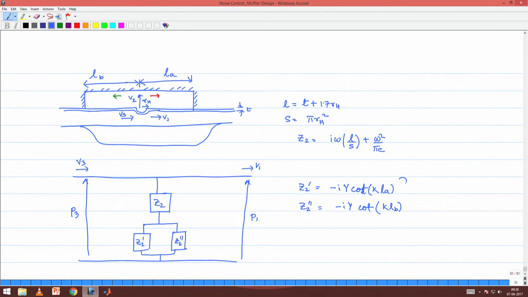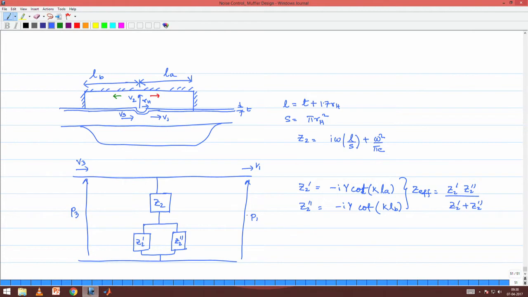So, what is the effective impedance of these two combined? These two impedances are in parallel. So, the effective impedance will be Z2 prime Z2 double prime divided by Z2 prime plus Z2 double prime, right.